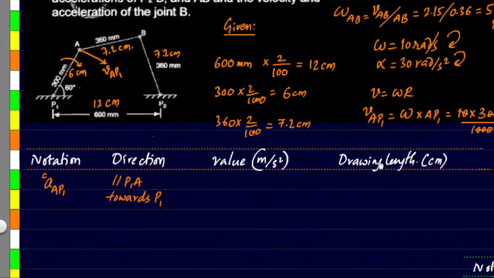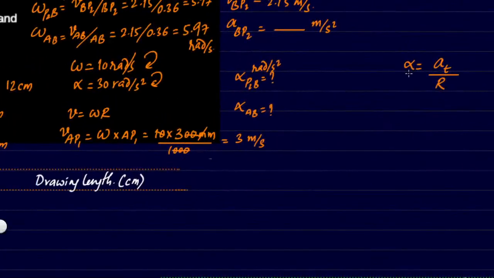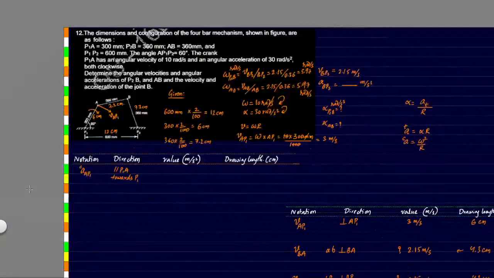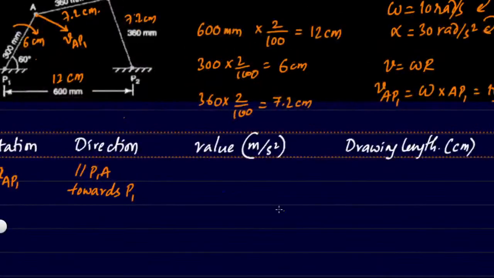Value. So for the centripetal acceleration formula, I've already told you the formula for tangential acceleration. So let's write it like this. Tangential acceleration is equal to alpha times r, and centripetal acceleration will be omega square divided by r. So omega square divided by r.